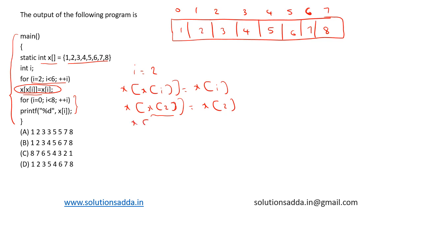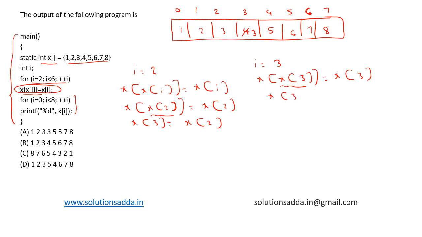So x[3] will be having the value of x[2], and this 3 will be assigned to x[3]. So 3 will be here. Now for i equal to 3, we have x[3]. At x[3], what is the value? The value is 3.